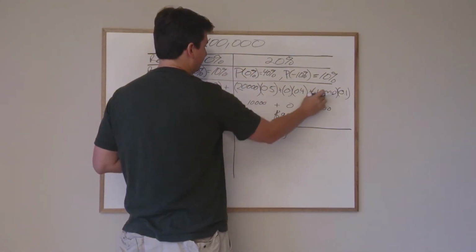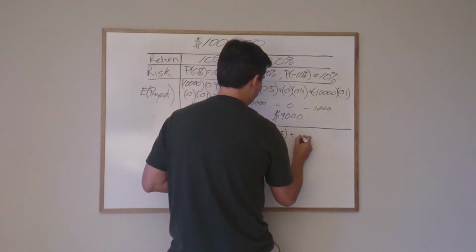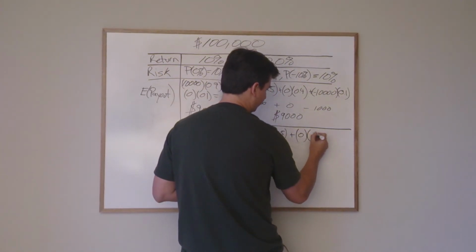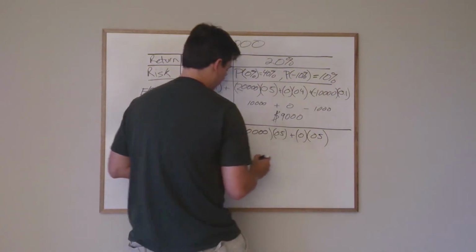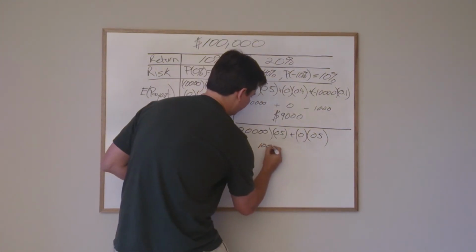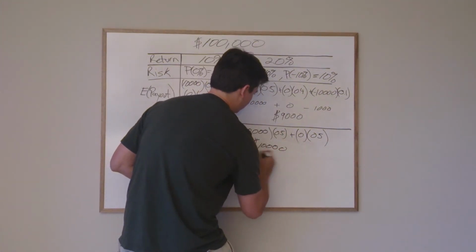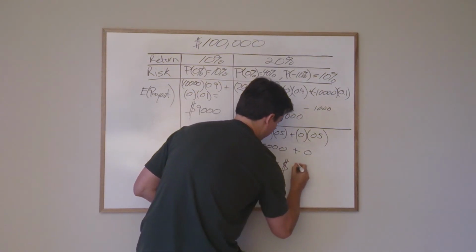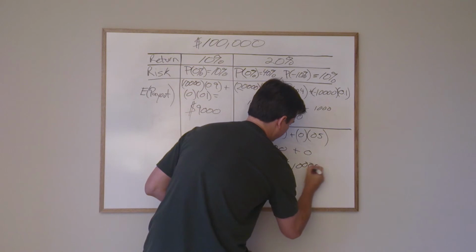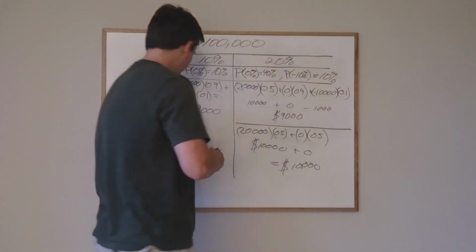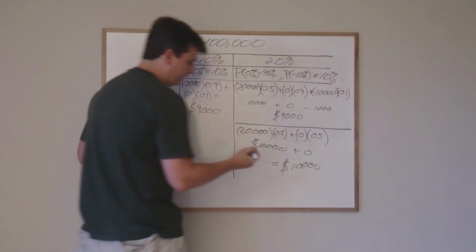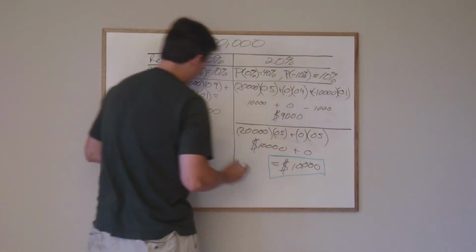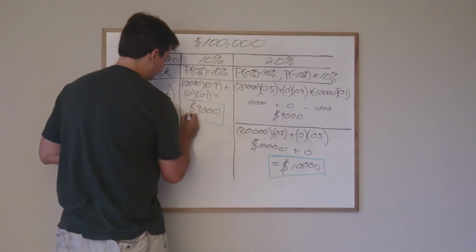And then the chance to break even at 0%, or $0, goes up to 50%, which gives us $10,000 plus $0, which equals $10,000. So our final value over here, our expected value as an investor, is 10,000 over here and 9,000 over here.